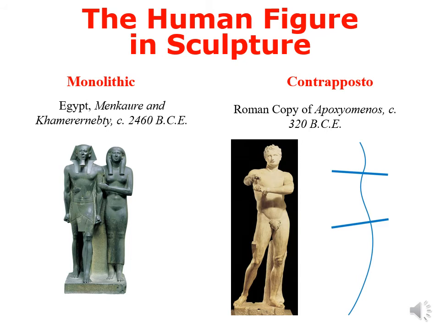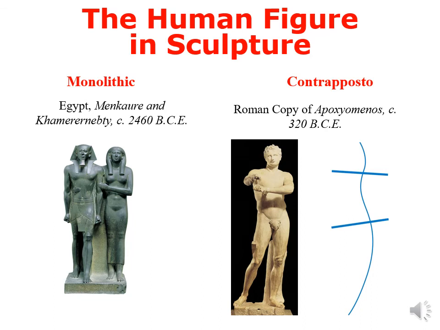So the contrapposto is that natural way that we stand, so that their images are more lifelike and natural looking, compared to the Egyptians, which is very stiff, rigid, not a whole lot of life or personality in it, as compared to the Greek sculpture.